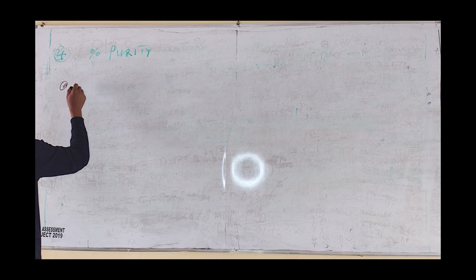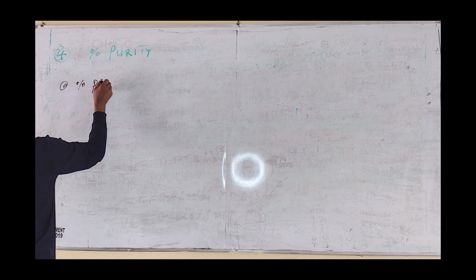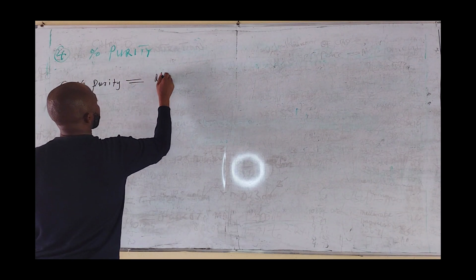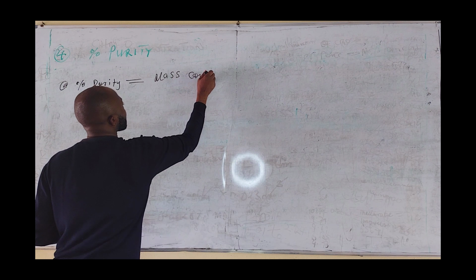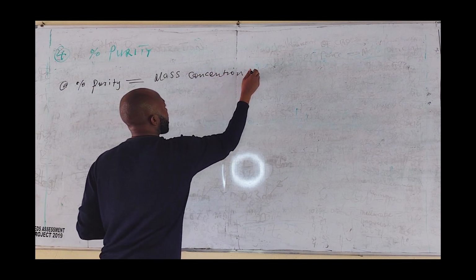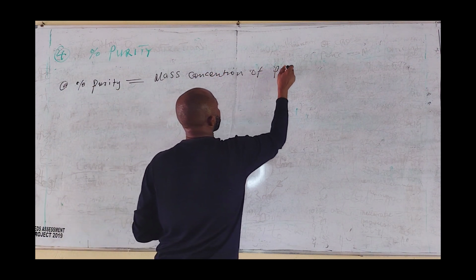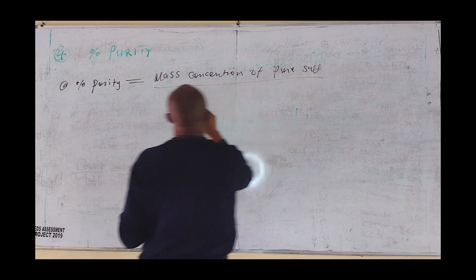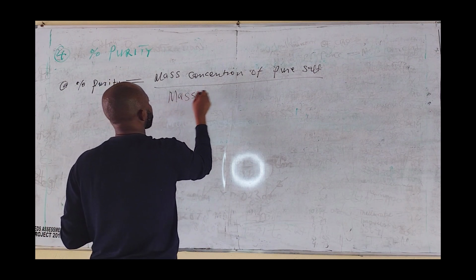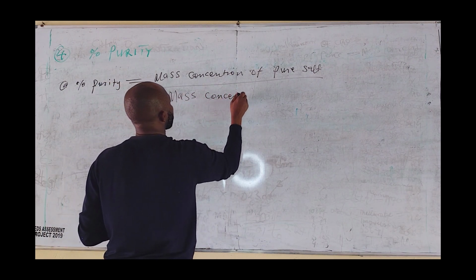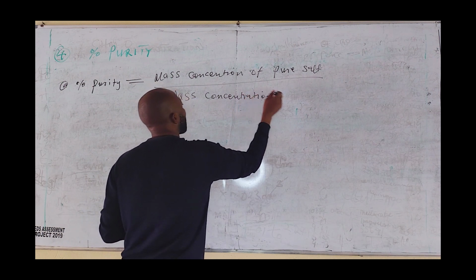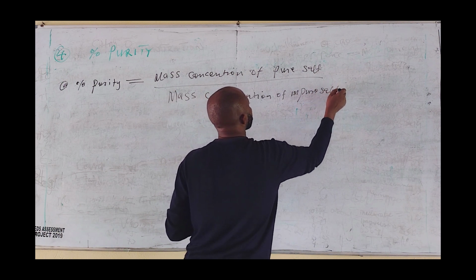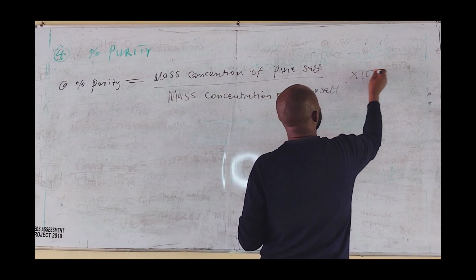A, percentage purity here is equals to mass concentration of pure salt over mass concentration of impure salt times 100.